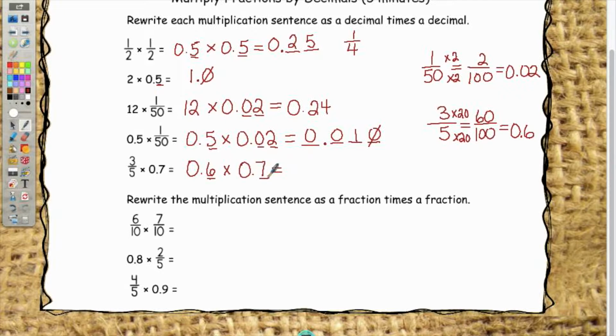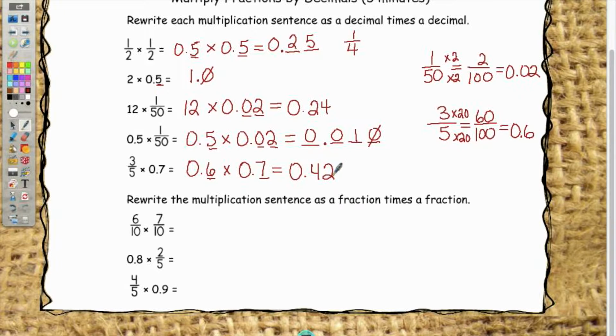George A., you want me to pull a different stick, or do you want to finish this one? Pull a different stick. Lexi. So what's 6 times 7? And what place value does my answer need to be in? Add those up. In the hundredths. So how do I write 42 hundredths? 0.42.